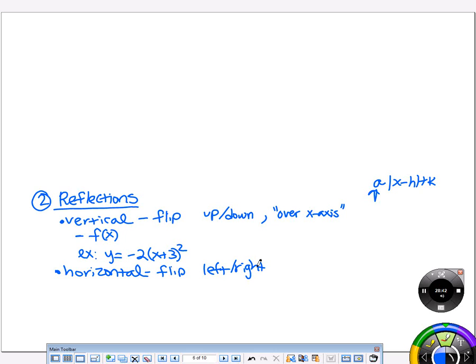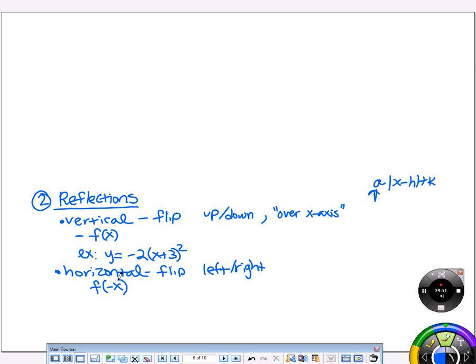For it to be a horizontal translation, stuff was still added and subtracted, just like the vertical ones, but where was the stuff added or subtracted? Inside the function for horizontal stuff. Same idea with reflections. It doesn't change what's happening. Multiplying by a negative is a reflection, okay? But if the negative is outside the function, it's vertical. Whereas if the negative is inside the function, that's going to make it a horizontal reflection.